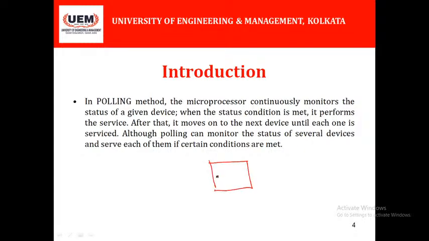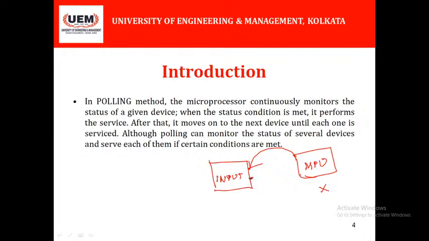Suppose I have an input device and I have a microprocessor unit MPU. Now the microprocessor is continuously taking a watch on the input device, whether it is sending any request to the microprocessor or not, and at that point of time the microprocessor is not doing anything.